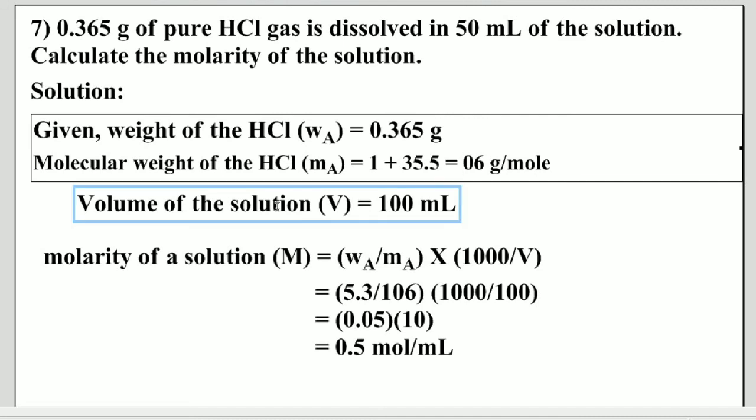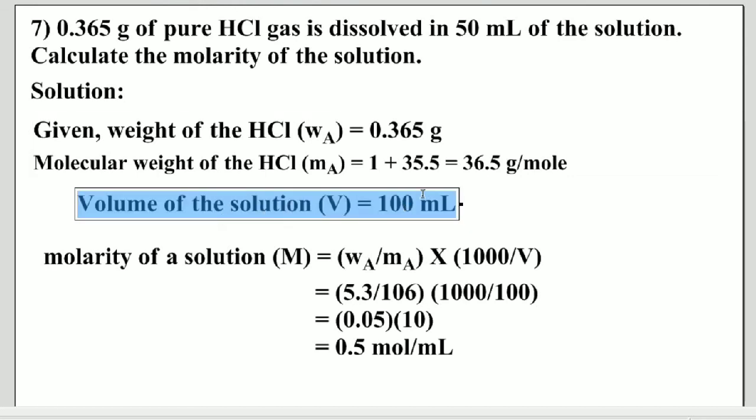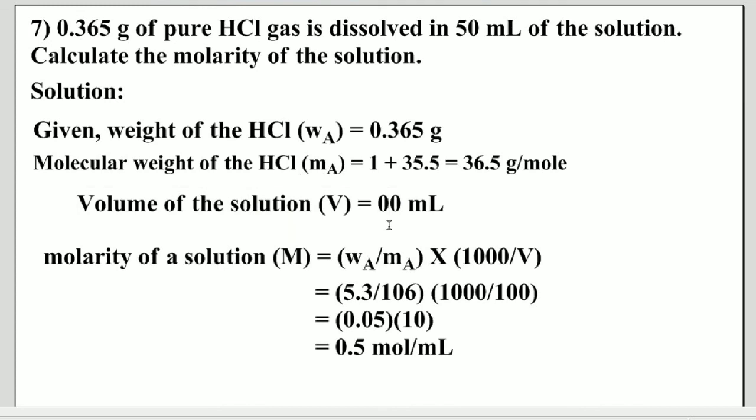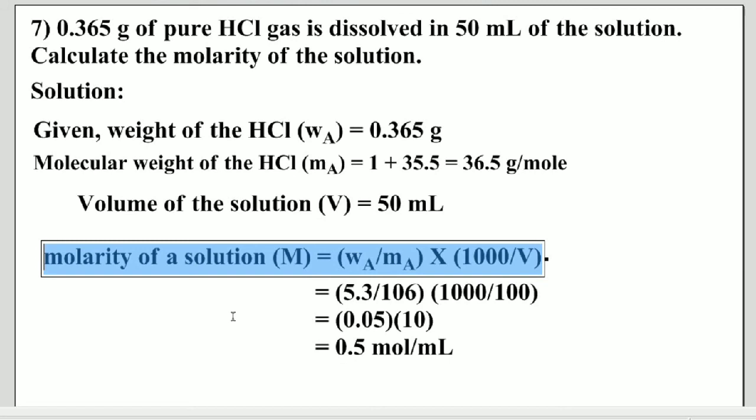Therefore the molecular weight of HCl equals 36.5. And the given volume of the solution is 50 ml.